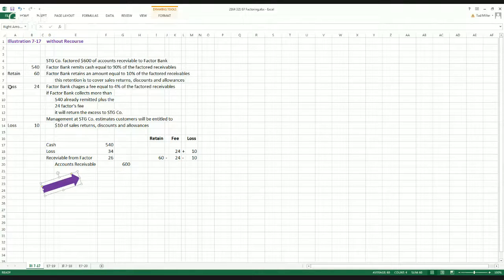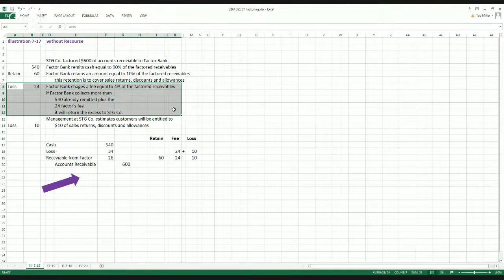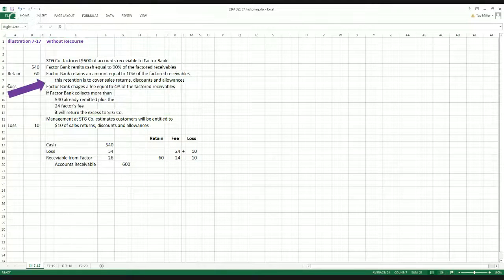Now, of this retention, there are two pieces. One is the Factor Bank charges us 4% of factored receivables. So 4% of 600 is $24. We're not going to get that $24 back no matter what. No matter how good things turn out, we're not going to get that $24.